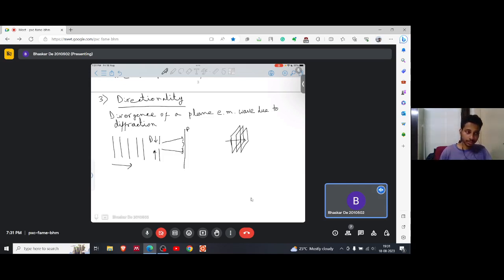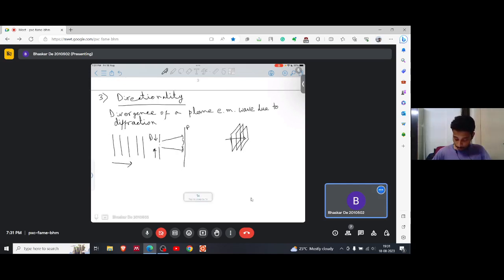This is how a plane EM wave is operating. Now if it is incident on an aperture, then from the aperture it will start to diverge, and the wavefront of a diverging beam is like this.